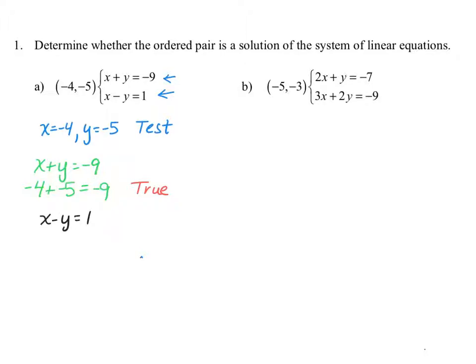Again, we're checking when x is -4 minus when y is -5, does that equal 1? When we simplify, minus a negative we can change to a positive, and -4 plus 5 does equal 1, so that is also true. So that means (-4, -5) is a solution to the system of linear equations.